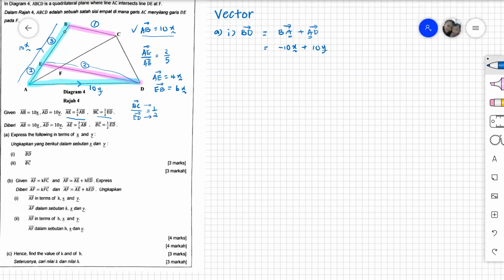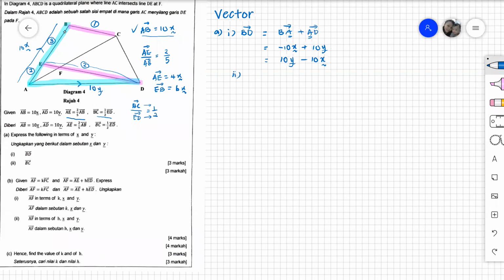So we have found the answer. If you don't like to see the negative term in front, we can rewrite it as 10y minus 10x. Either way is accepted.